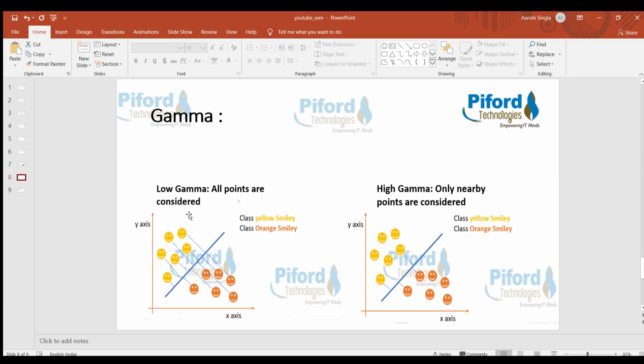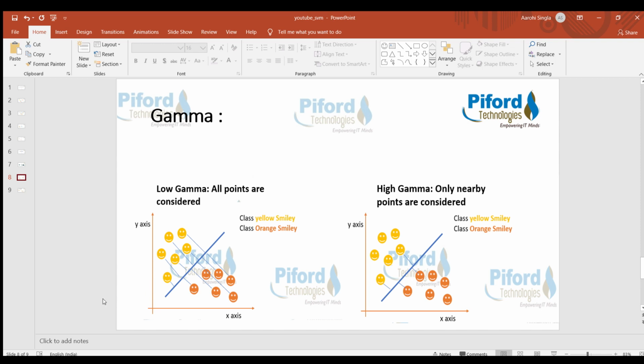And a low value of gamma simply means we are considering all the points for the calculation of the separation line. I want to consider all the points from this side also, and calculate the distance margin from all the data points to this line. So this is what gamma is.